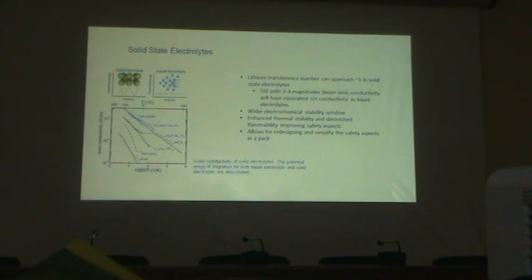So if you use high voltage cathodes, it is very stable against them. That is one advantage. Another advantage is thermal stability, as well as chemical stability, and you take away the flammability aspects. There is nothing to worry about with flash points.